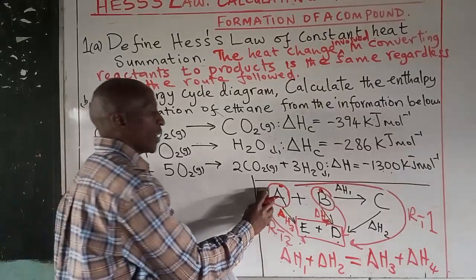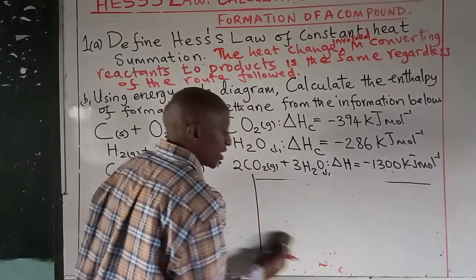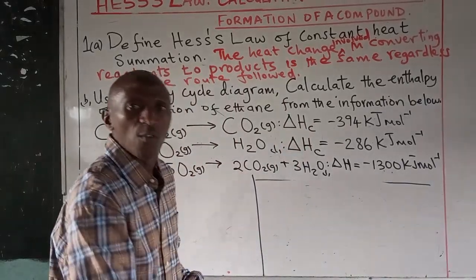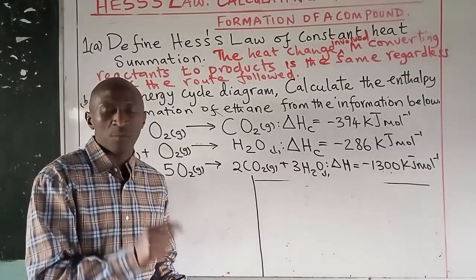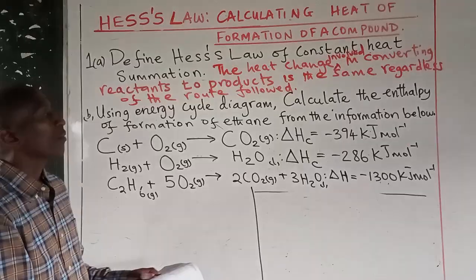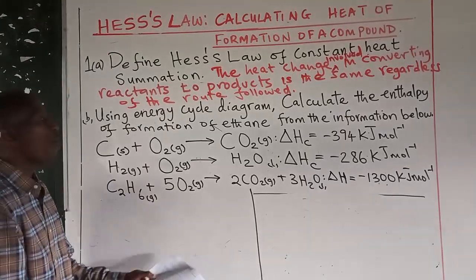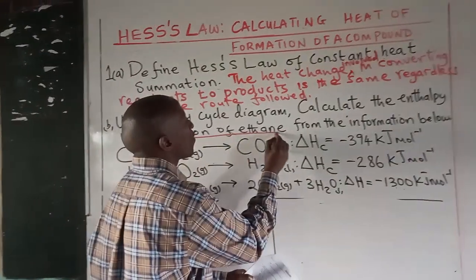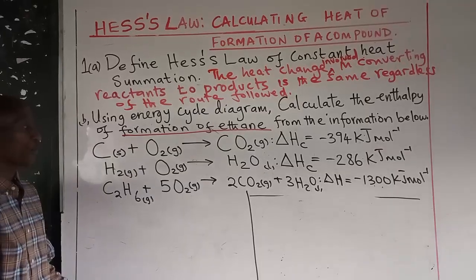Hess's rule. Now, it is used in calculating heat changes, say heat of formation, which may not be easily determined in a laboratory setting. For example, we are required to determine the heat of formation of ethane from this information.